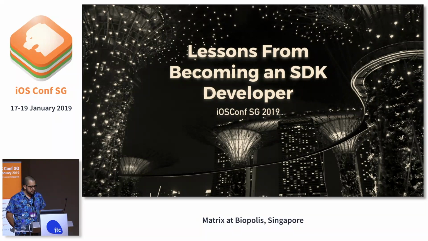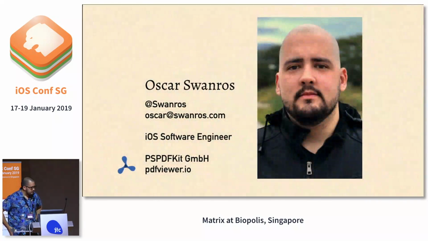I'm really excited today about speaking to you about the lessons that I've learned from becoming an SDK developer. Before that, a little bit about myself. My name is Oscar. You can find me on Twitter as @Swanros, or you can drop me an email anytime you want to talk about anything. Oscar@swanros.com, or you can just check my website, swanros.com, where I write about Swift, Elixir, and iOS in general from time to time.